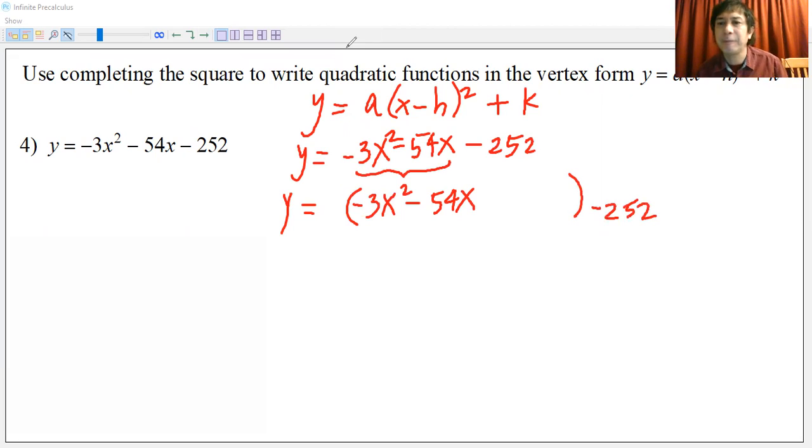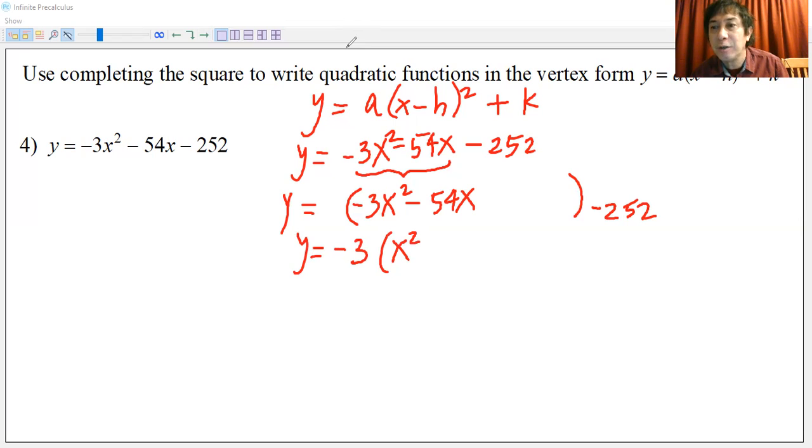We will have to factor out the negative 3, because the x squared should become 1x squared.